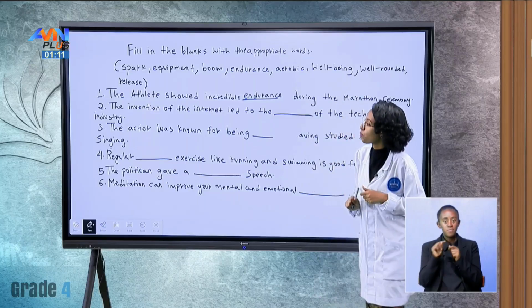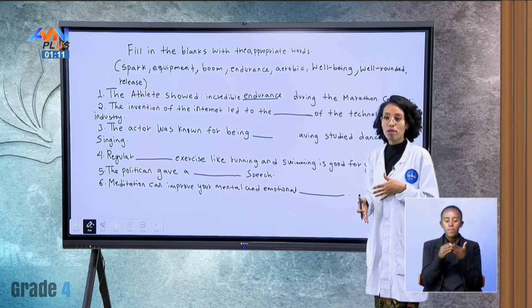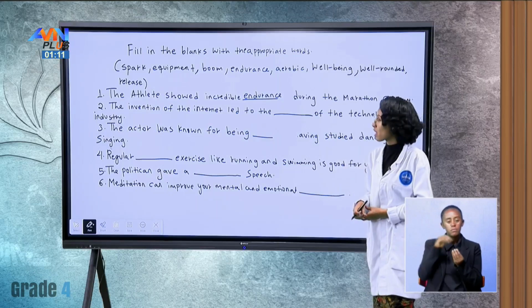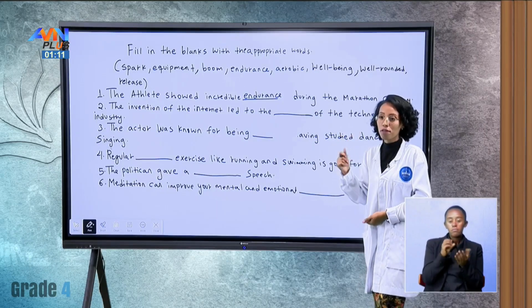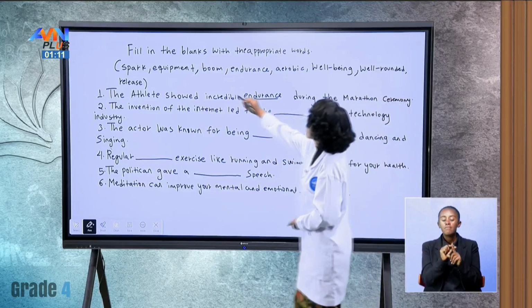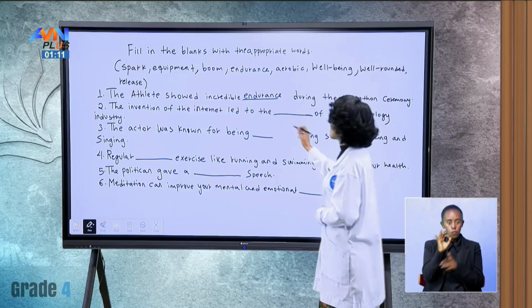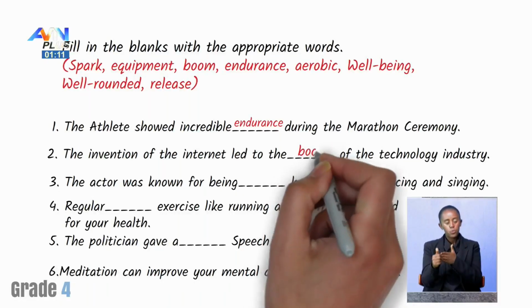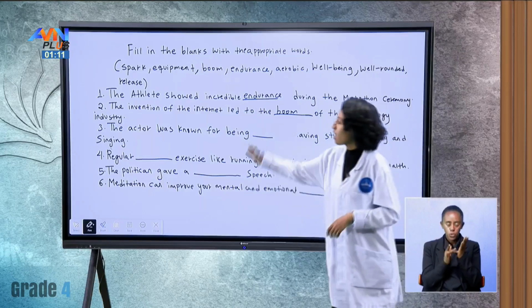Okay, number 2. The invention of the internet led to what? The increase in something in this case. And we talked about when we are talking about something increasing, we are talking about boom. So the invention of the internet led to the boom of the technology industry.